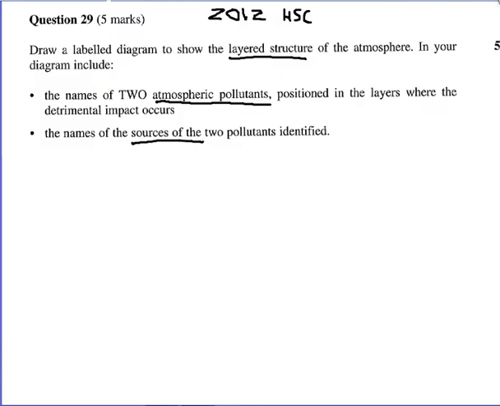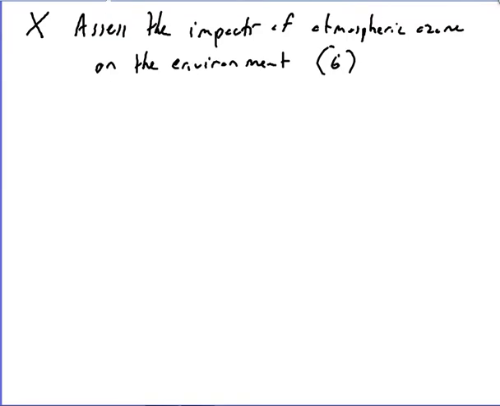What are some more questions we could write for this part of the syllabus? We've got W, we've got X. For Y, we need a small mark question.